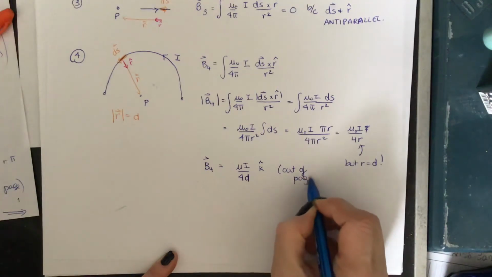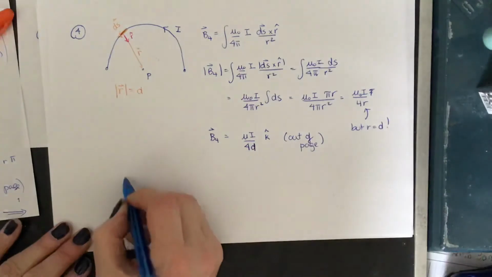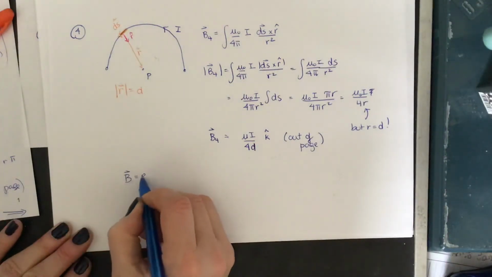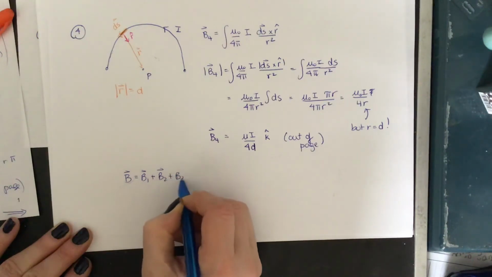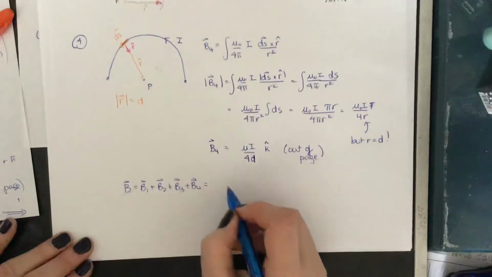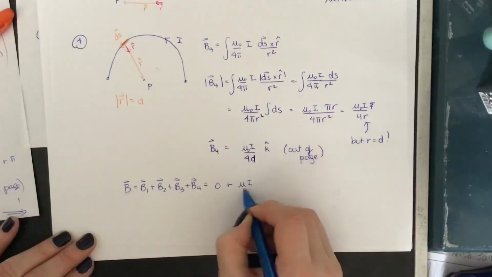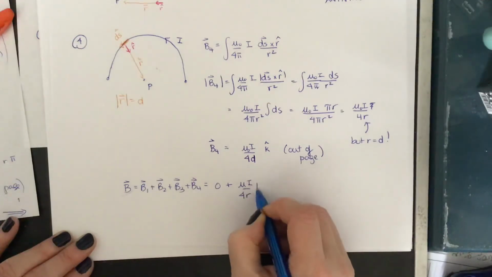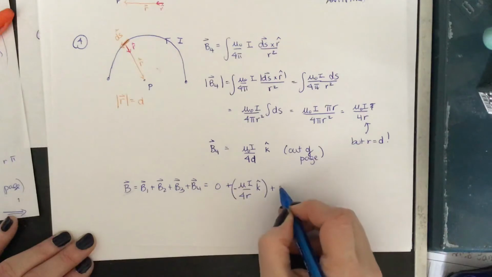Okay, the last part's pretty straightforward. Total magnetic field would be the addition of those vectors. So B1 was 0, B2 was mu naught times I over 4r k hat, and that guy was negative, plus B3 is 0, plus B4.